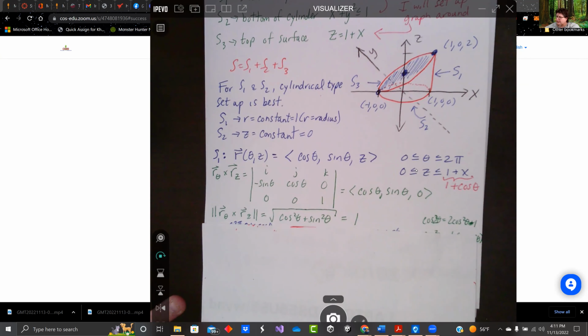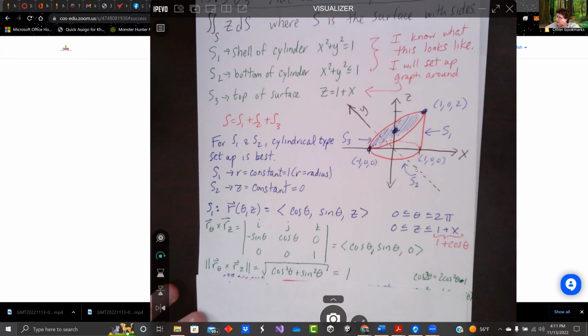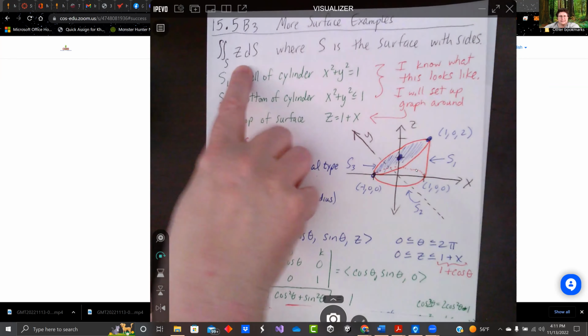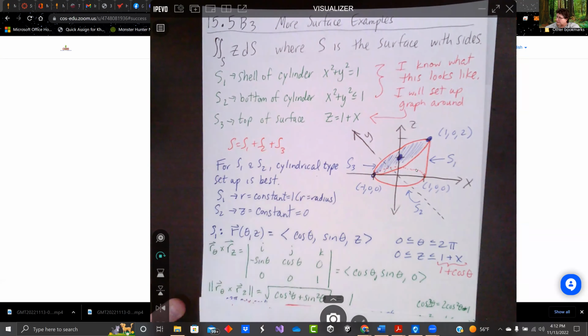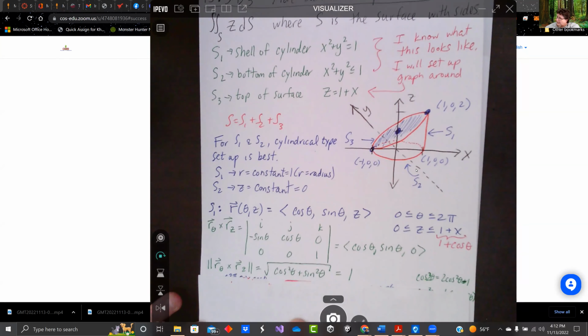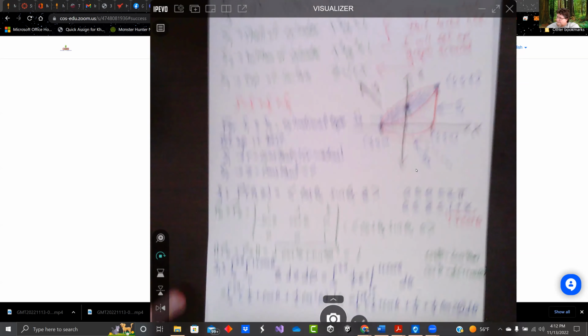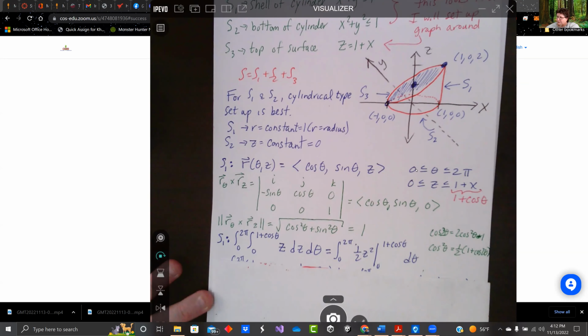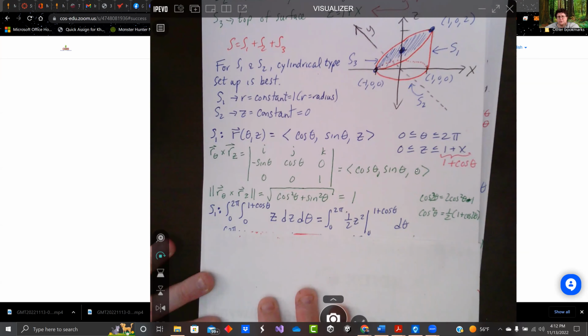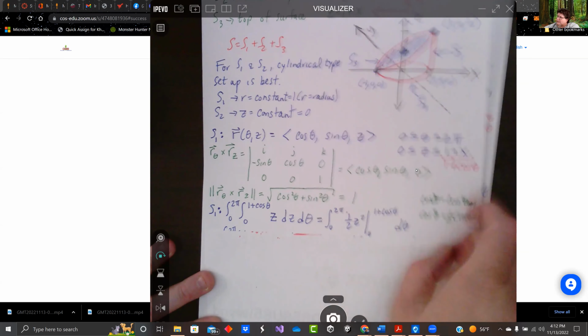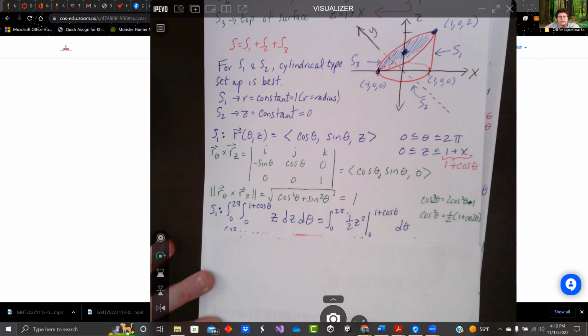So we're ready to set up our integral. We are doing z dS. Let's not forget that. So z is what we're integrating. It's one of our variables. So we're going from 0 to 2 pi on theta, as we showed here, and 0 to 1 plus cosine theta for z.